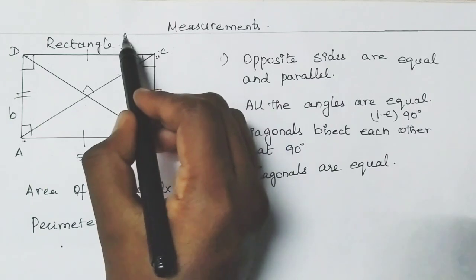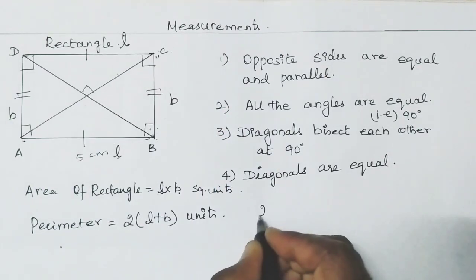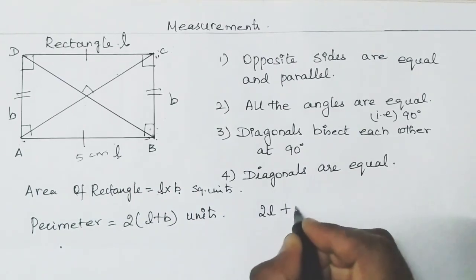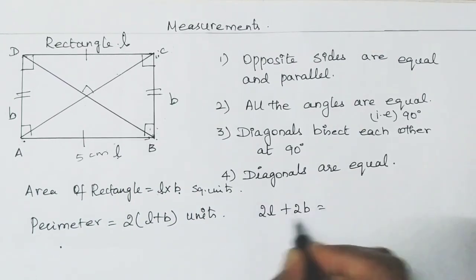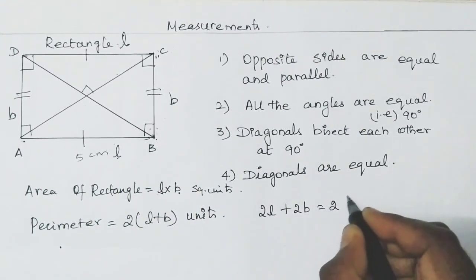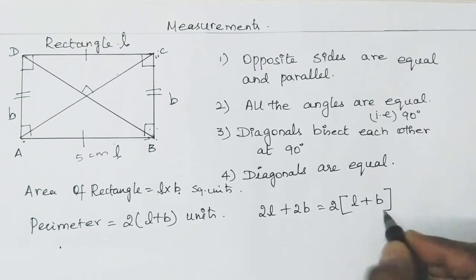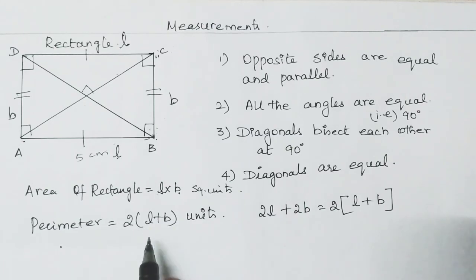L plus L, 2L, and plus 2B. Now take the 2 commonly out. So you have 2 into L plus B. This is how you got the formula. Perimeter of rectangle: 2 into L plus B units. Now let's see the problems on area and perimeter of rectangle.